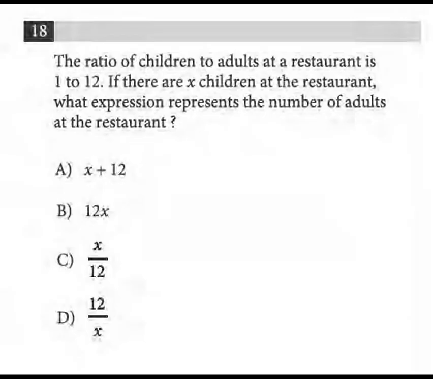In this case, which expression represents the number of adults? The ratio of children to adults is 1 to 12. So in that case, we just take the number of children x and multiply by 12. So we have 12x, which gets us the number of adults at the restaurant. So it's just B. So if we had two children, we would have 24 adults.